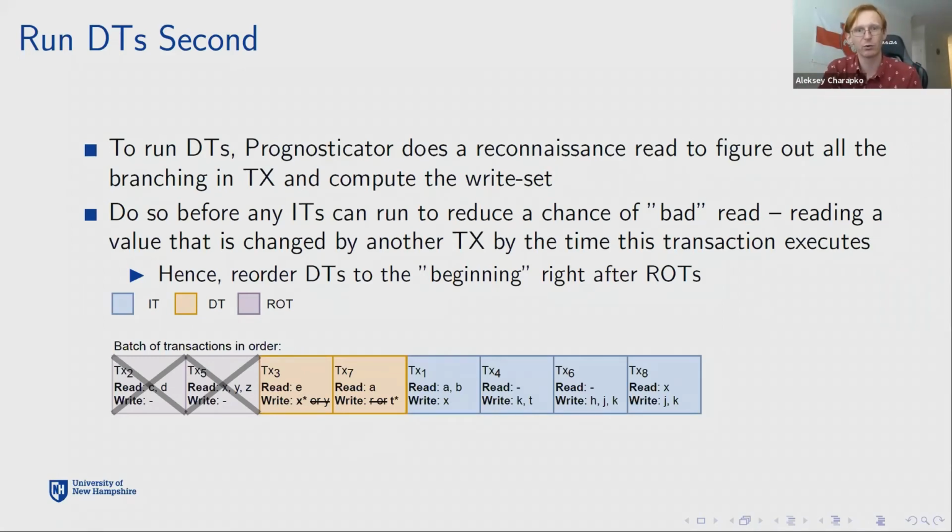It's not set in stone because it's a reconnaissance phase and something else may happen as the transaction starts to run. The same thing happens with transaction 7, so it tries to figure out its tentative write set. In this case, I say, okay, let it be T.